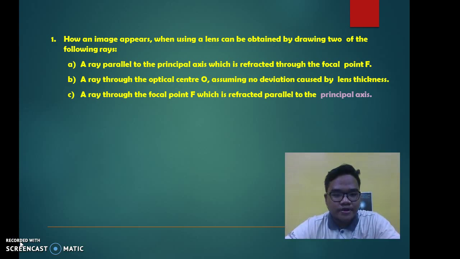How an image appears when using a lens can be obtained by drawing two of the following rays. A, a ray parallel to the principal axis, which is refracted through the focal point F. B, a ray through the optical center O, assuming no deviation caused by lens thickness. C, a ray through the focal point F, which is refracted parallel to the principal axis.